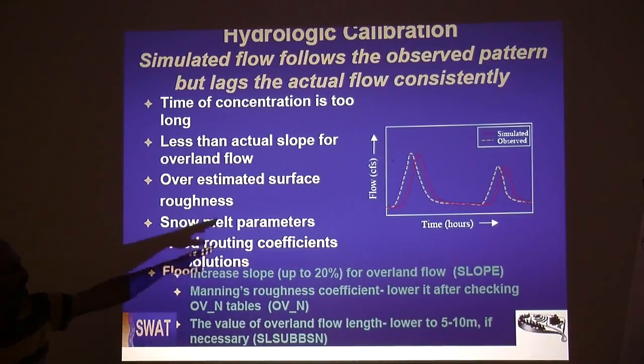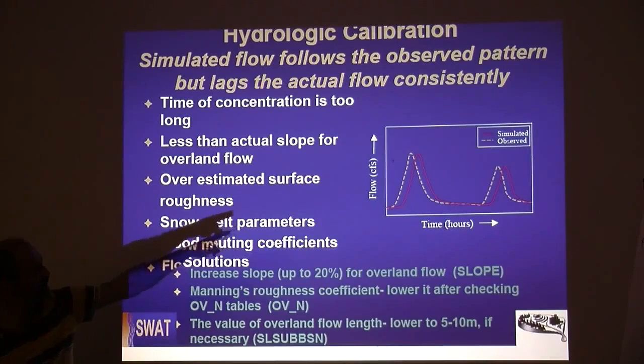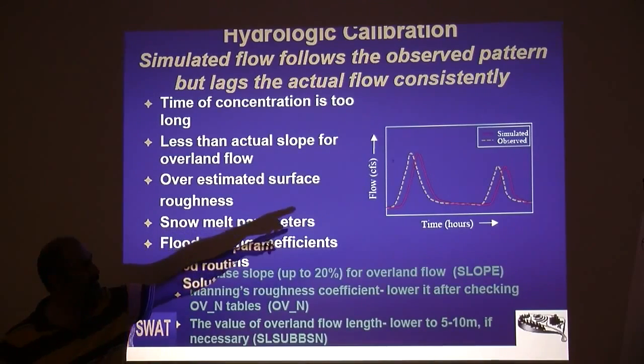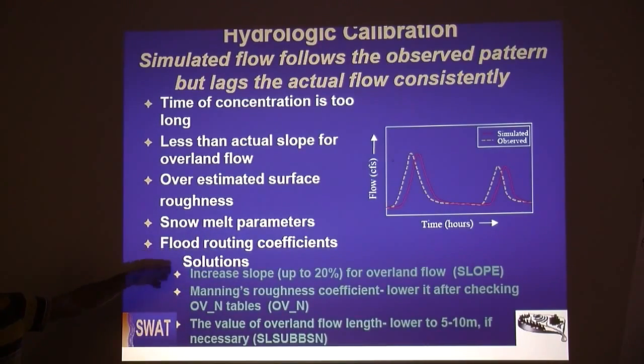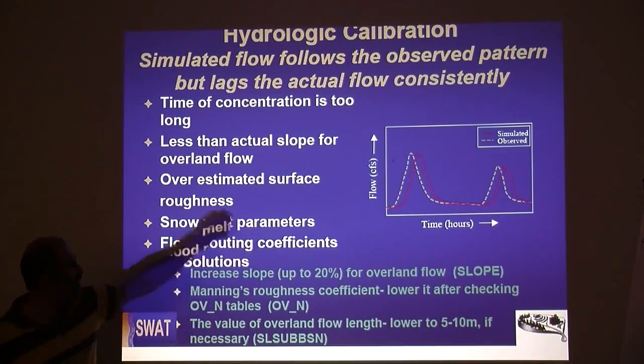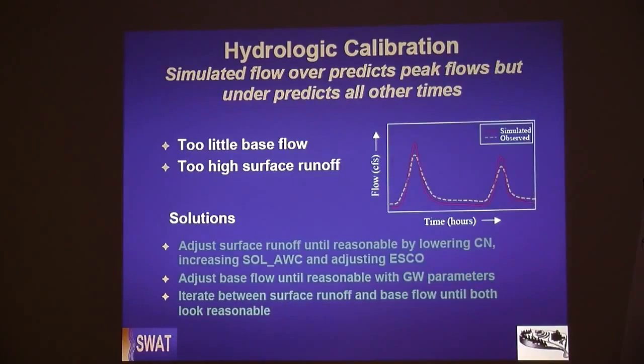If you have a shift like this, if the simulated values are too late, or sometimes too early, you need to do the opposite of what it says here. If it is too late, then you need to change these parameters as it suggests. This should help you to match them a bit better.